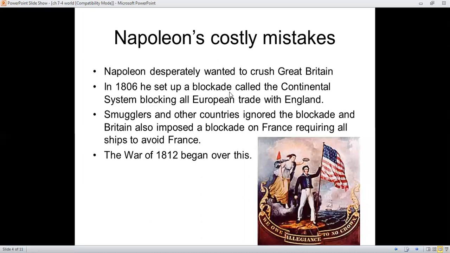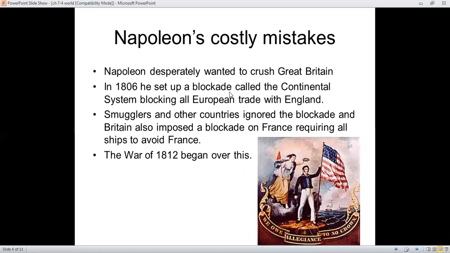What happened is smugglers and other countries ignored this blockade. And Britain also imposed a blockade on France. So some ships were avoiding France and some ships were avoiding Britain.